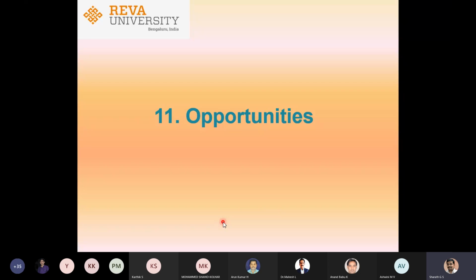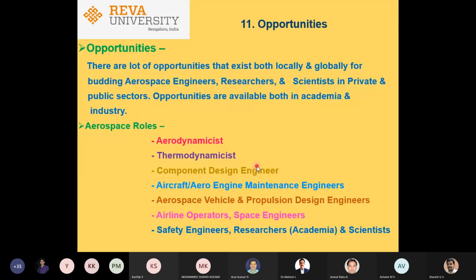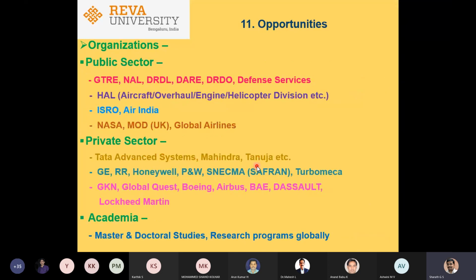Some of the opportunities that exist for budding aerospace researchers, both on the local and global side: in our nation, they can have opportunities in DRDO, GTRE, NAL, DRDL, DARE, Defense Services, HAL, ISRO, and Air India.